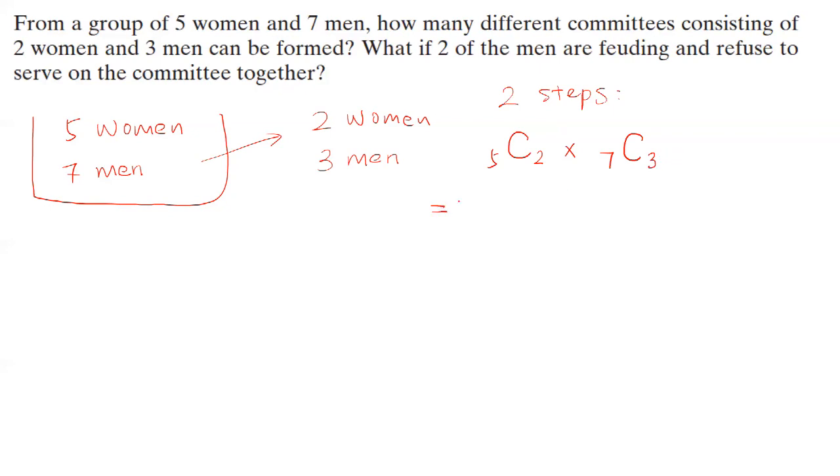If you calculate, this number is 5 times 4 divided by 2, and 7 times 6 times 5 divided by 6, so it's 10 times 35, which means you have 350 total number of ways to finish this first task.